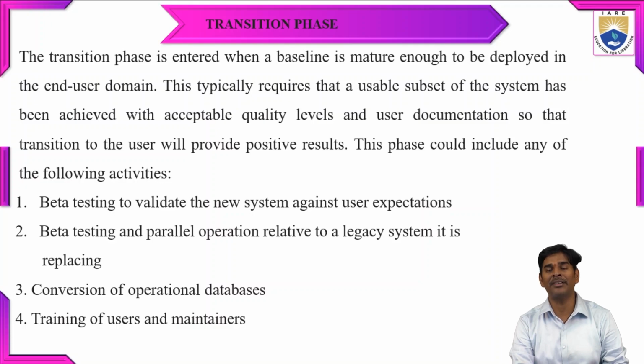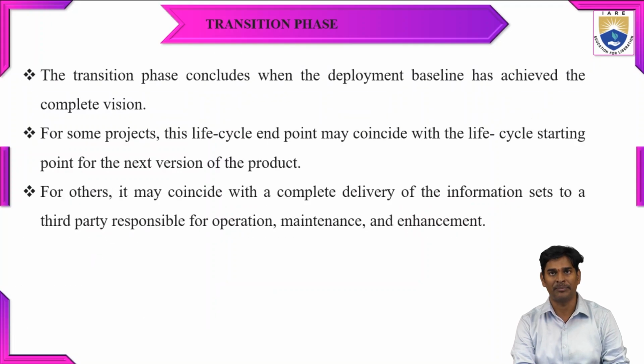They require the training for the users and the maintenance, because they need to understand the level of the software. If they understand it easily, they can gain knowledge on the software, and they can easily do the work on that particular software.